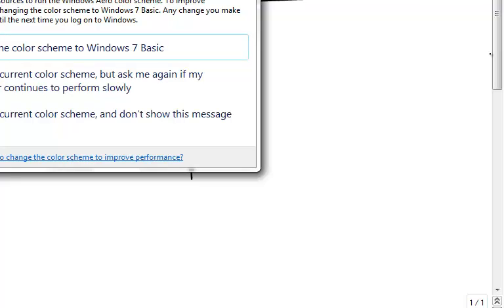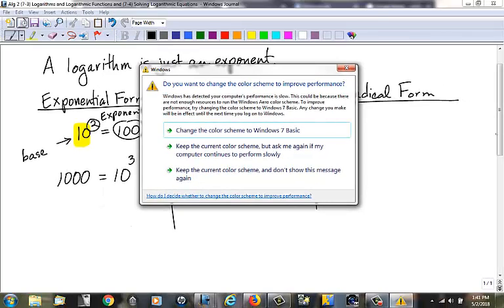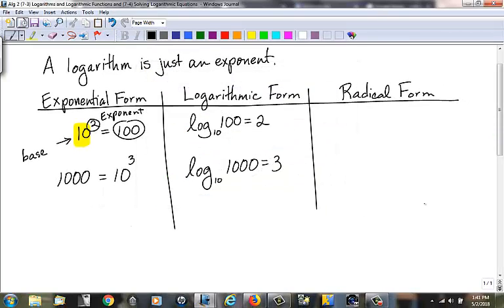But the LOG, do the log of 100, and you should get 2. Log of 100 is 2. If you do the log of 1,000, you should get 3.